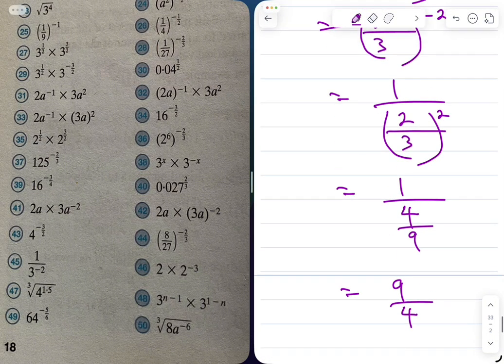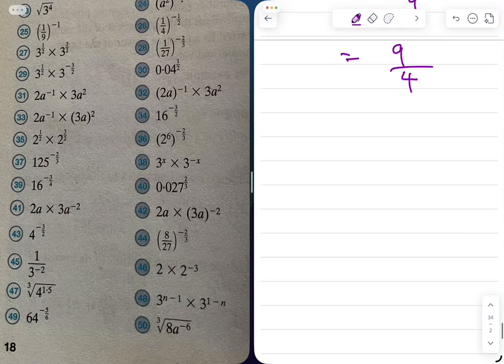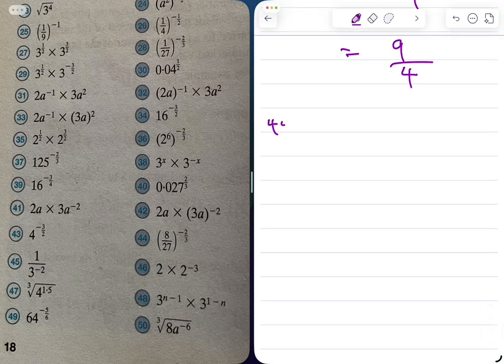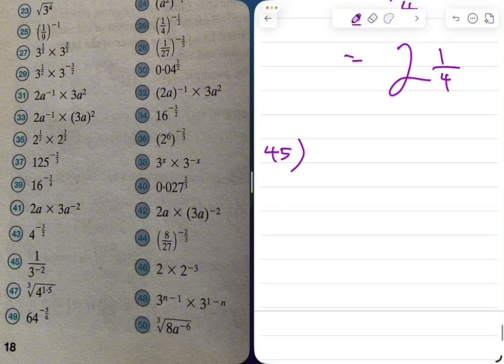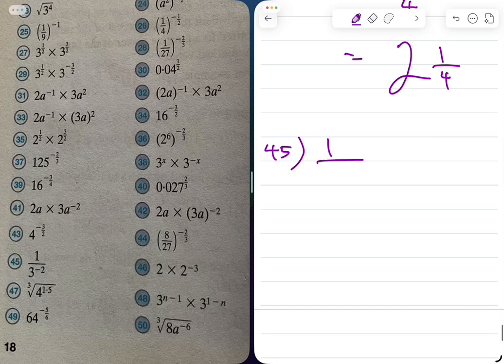Now the next one is number 45. What's the question? 1 all over 3 raised to the power minus 2.